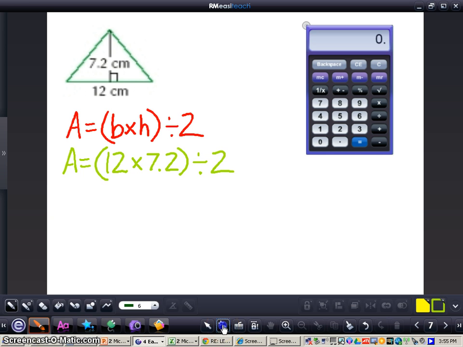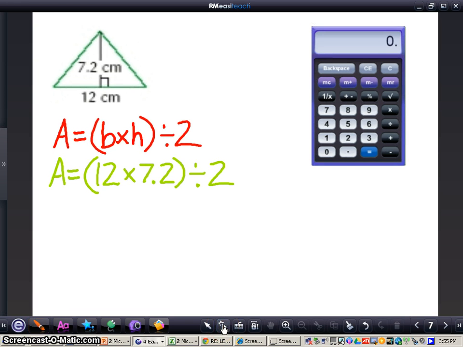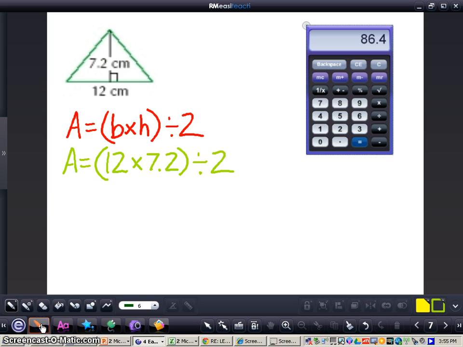Now our next step is we're going to multiply the 12 times 7 2/10. We'll do that now. 12 times 7.2 is going to give me 86 4/10. So I will write out A equals 86 4/10, and we're going to write that divided by 2.